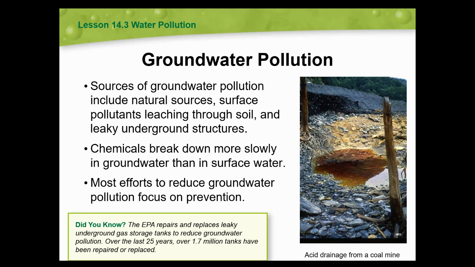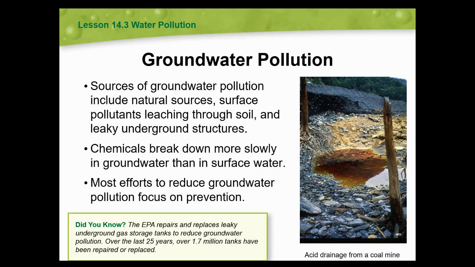The EPA repairs and replaces leaky underground gas storage tanks to reduce groundwater pollution each year. Over the last 25 years, over 1.7 million tanks have been repaired or replaced, but even that is not going to completely solve the problem. It's going to have to continue, because as the tanks age, more and more of them can become leaky.